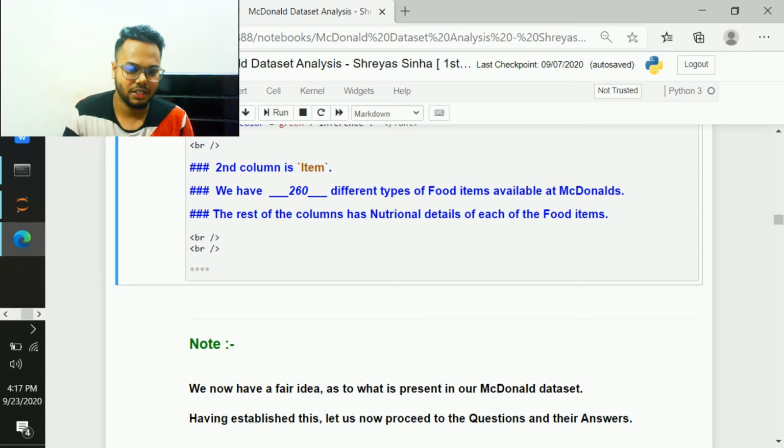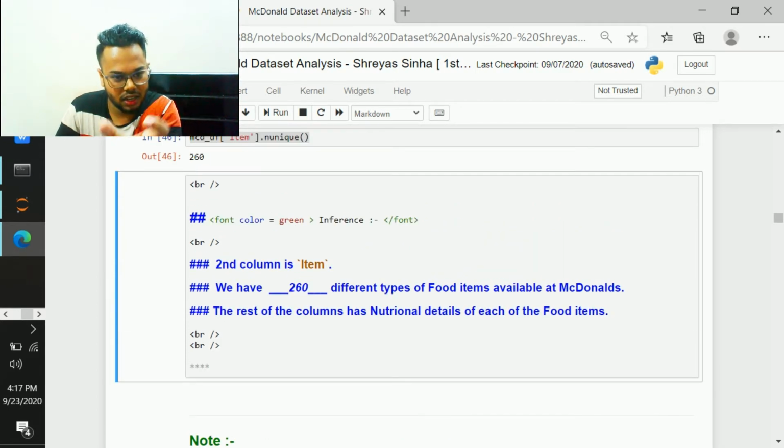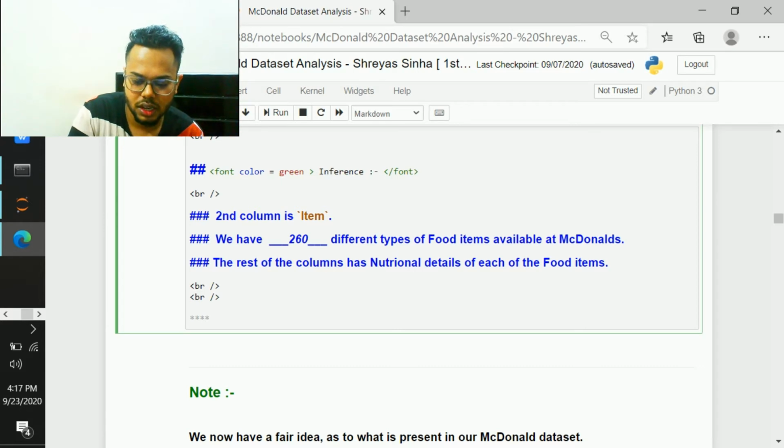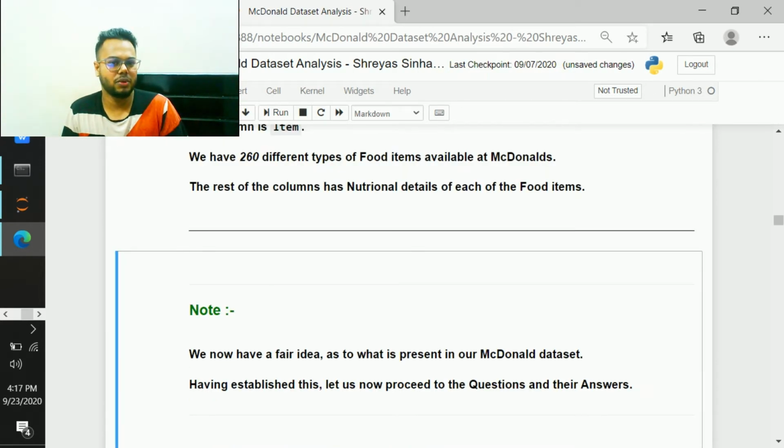So I have put here, and you can see that there is a break line, there is a font color inference, then again a break line, then there are the sentences, again 2 break lines, and then finally there is a line. The reason for doing this is because a well presented report always makes a very good impact, and it is always delightful for any reviewer later on to review the report, right? It's easy for them to grasp all the insights quickly.